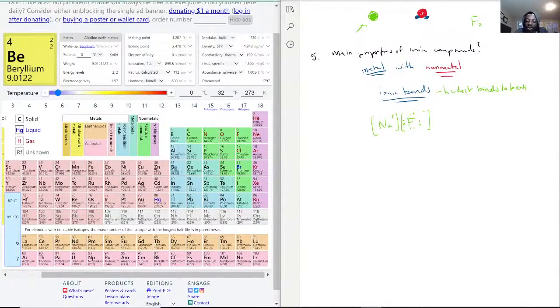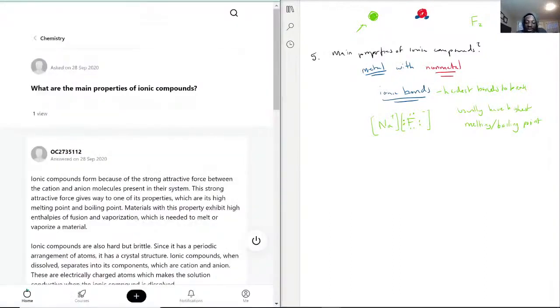Because they're the hardest bonds to break, ionic compounds usually have the highest melting point and boiling point, because these bonds are really hard to break. And some of them have a very easy time dissolving in water because they have exactly a positive side and a negative side.